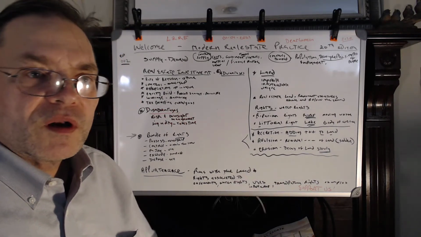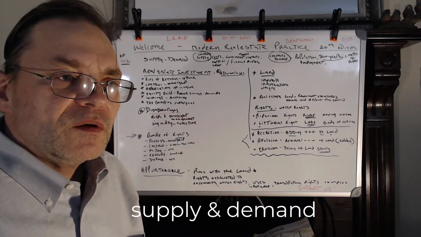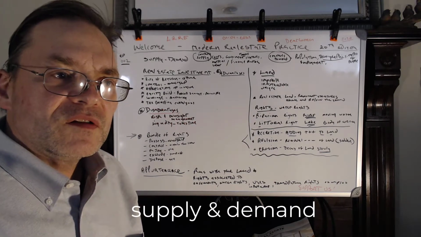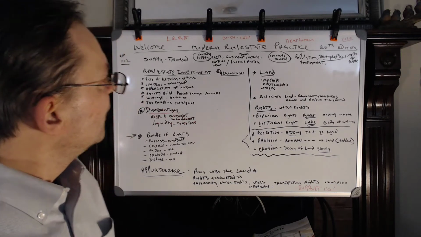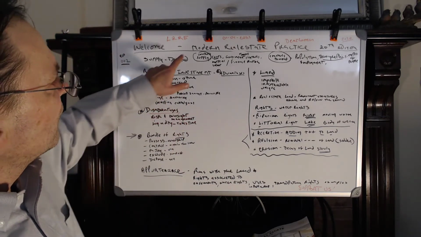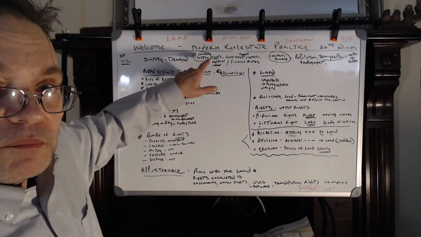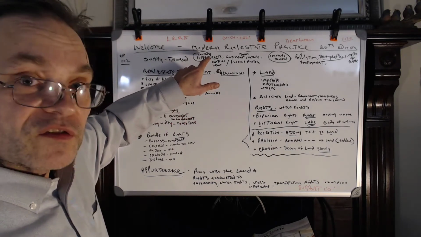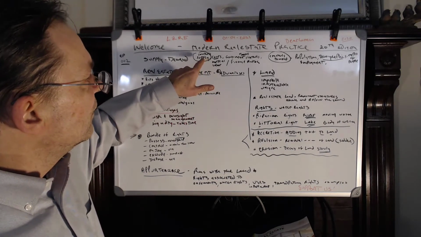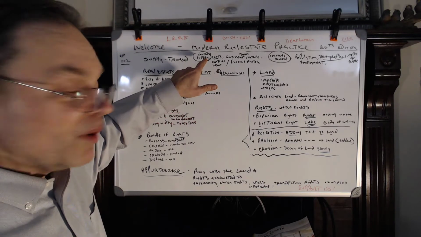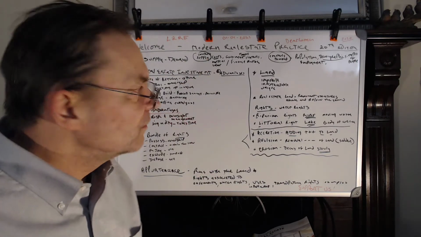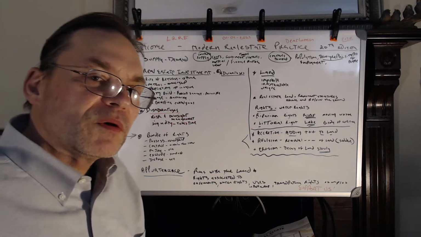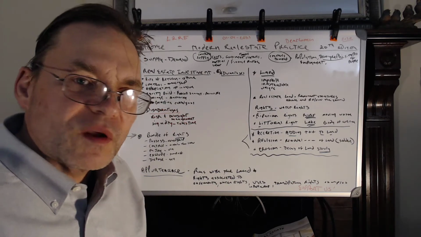Supply and demand dictates the price of that property. But the supply is based on costs, materials and labor. If things are expensive, people are less likely to make something.